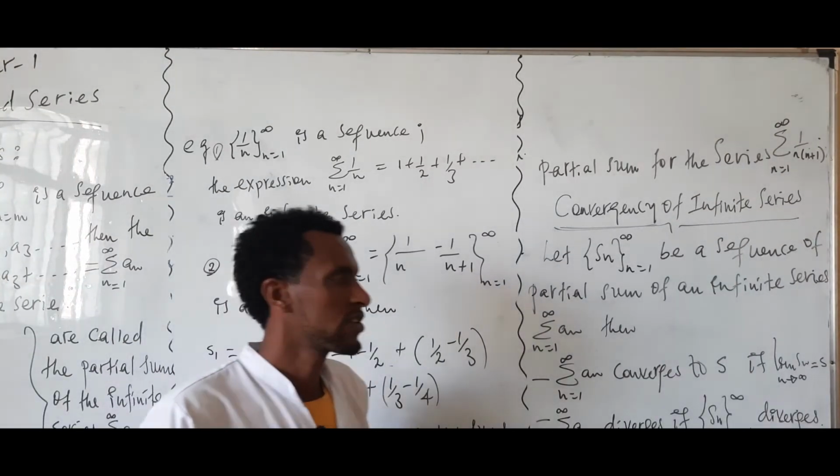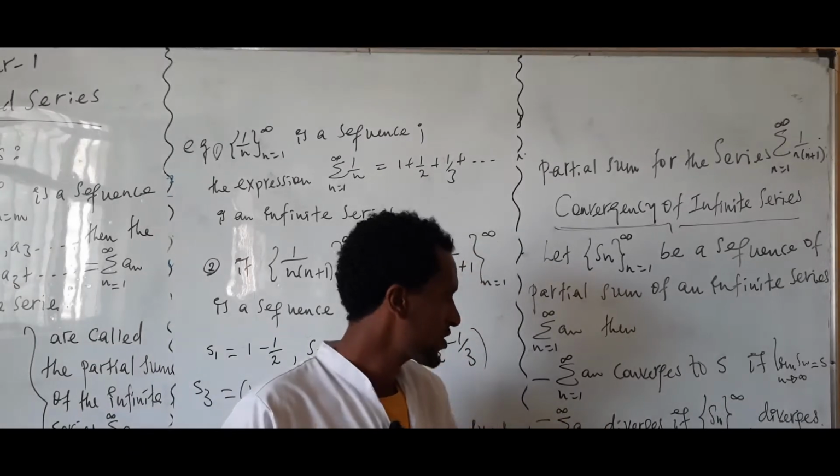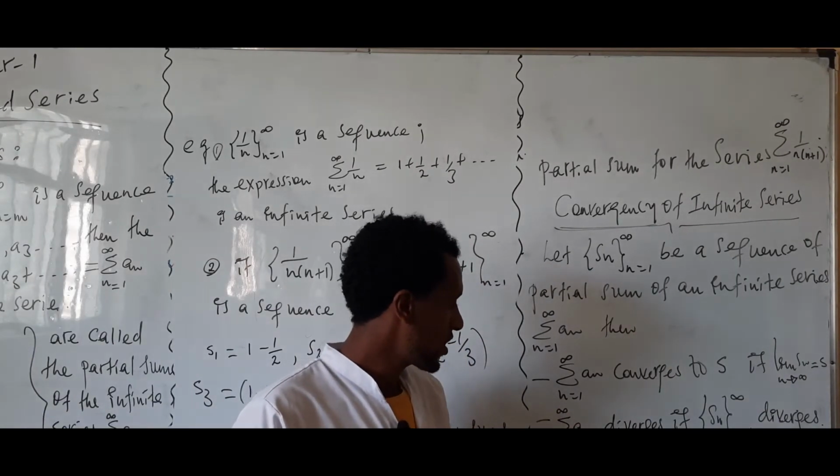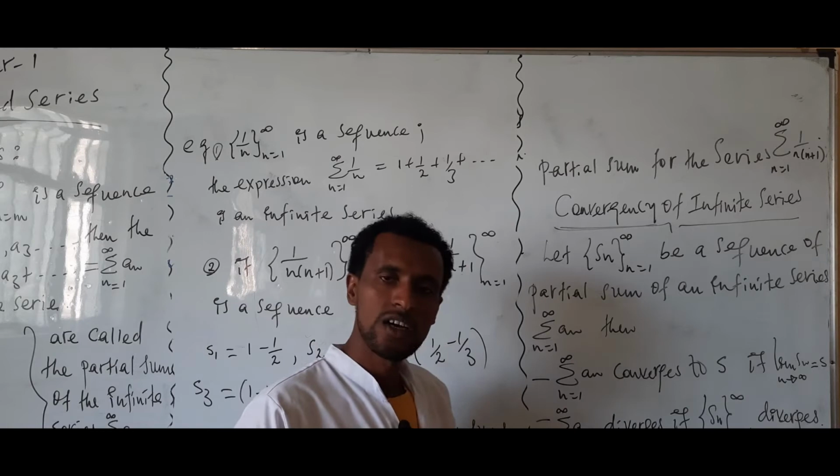If the sequence of partial sums diverges, then the infinite series diverges.